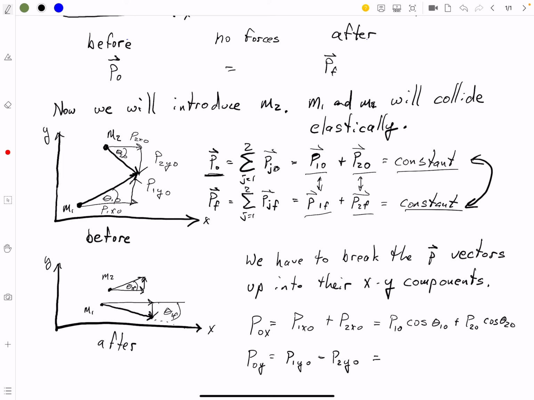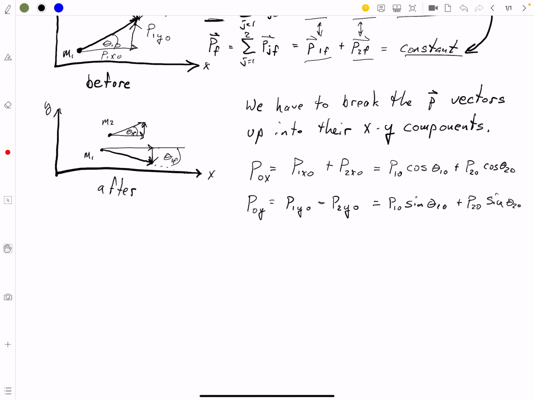And we're going to do the same thing down here. We've got P1 initial, but this time we're multiplying by the sine of theta 1 initial. And over here we've got P2 initial times the sine of theta 2 initial. Now, X and Y are totally different, right? One's happening in one direction, one's happening in the other. We need to keep those independent.